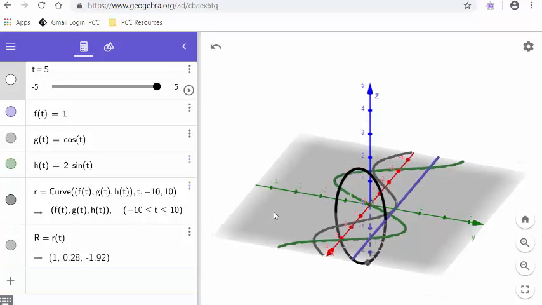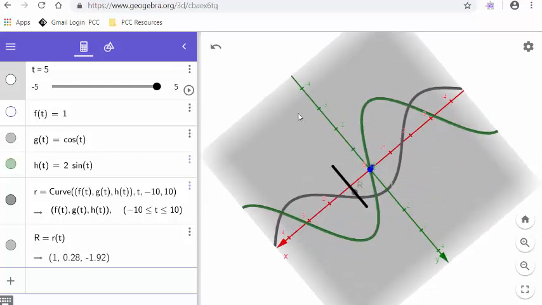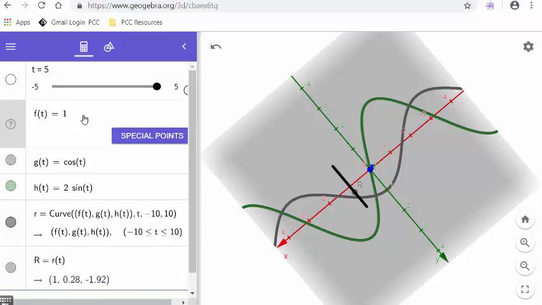We put these together. The x equals 1 should be here. I just want to retype it in.